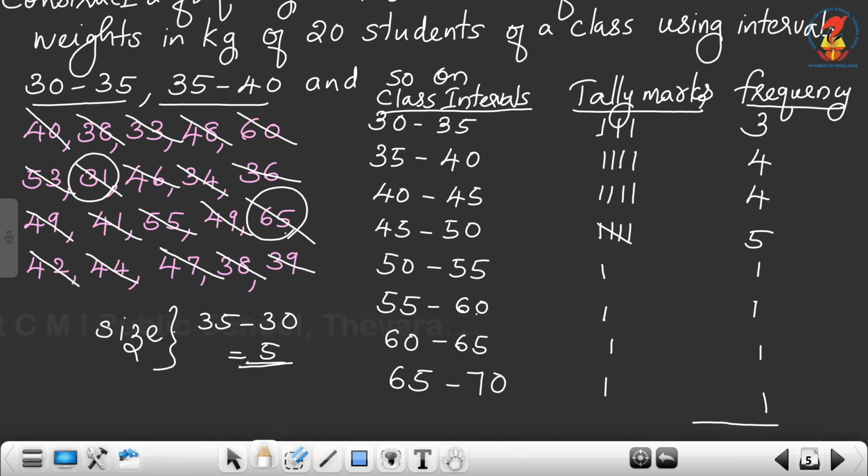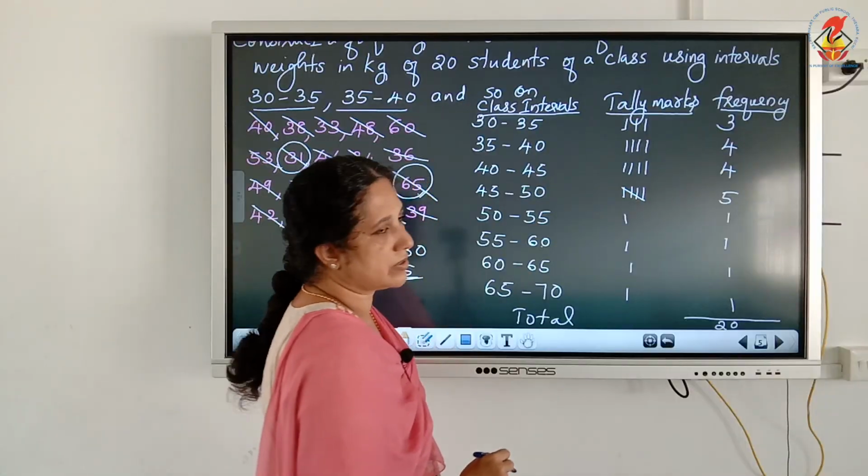So we can add it and find the total. 2, 3, 4, 5 plus 4 is 9, 9 plus 4 is 13, 13 plus 4 is 17, plus 3 is 20. So the total is equal to 20.